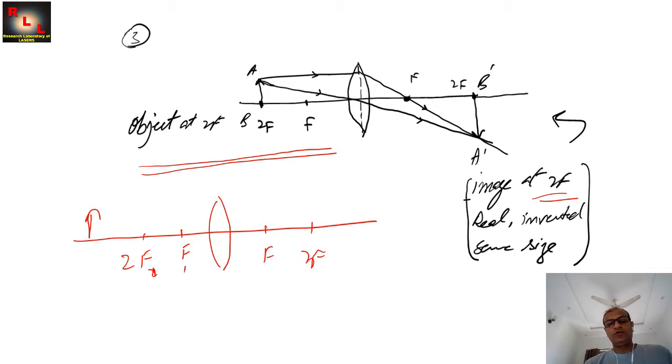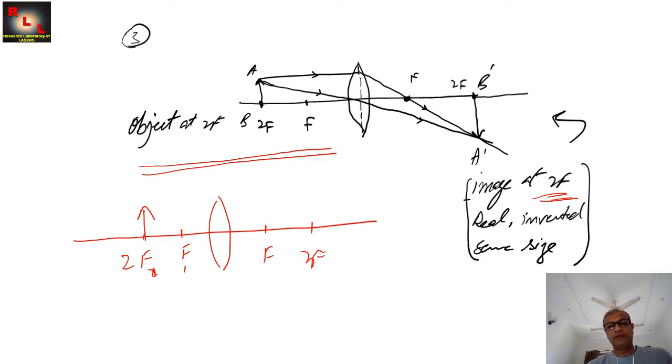So what will happen here if it is at 2f? The object is at 2f, then the image is also supposed to be formed at 2f on the other side of the lens.